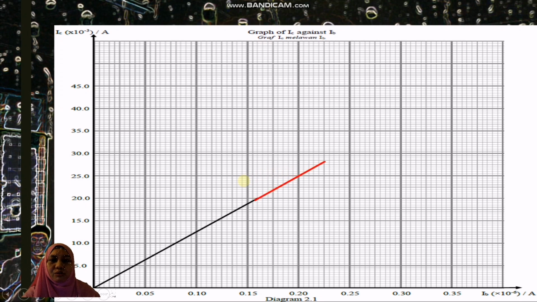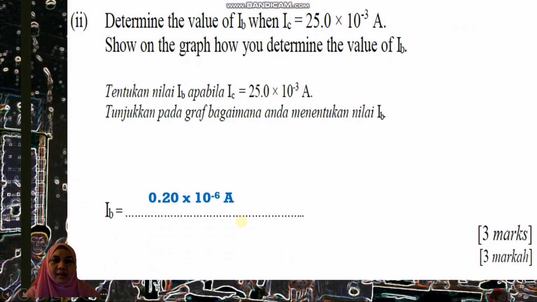So, what you need to do first is to extrapolate this line. Then, you draw a straight line from the value of IC up to this point. And then from here, you draw a line to the x-axis. So, this value shows that IB is 0.2 times 10 to the power of negative 6 ampere.